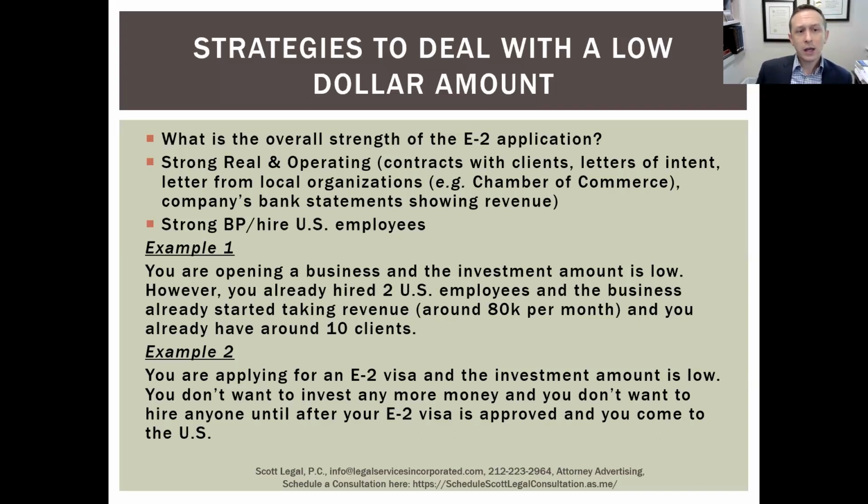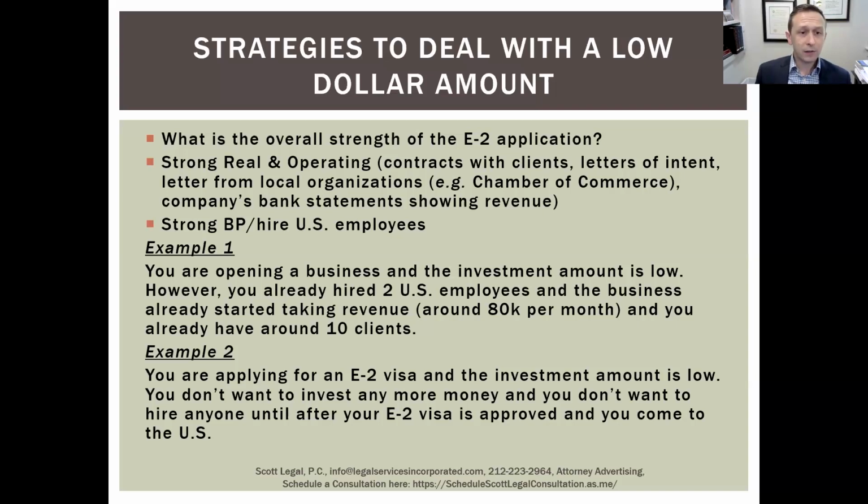And that's what, when you look at this slide, we mean by looking at the overall strength of the application. If you go back to the first slide where we looked at all the requirements, remember that one of the requirements is to employ US workers. So, you want to look at that. You want to look at things like interest that's been expressed in your business. If you have strong interest from prospective clients, again, the overall investment amount might not be as critical.